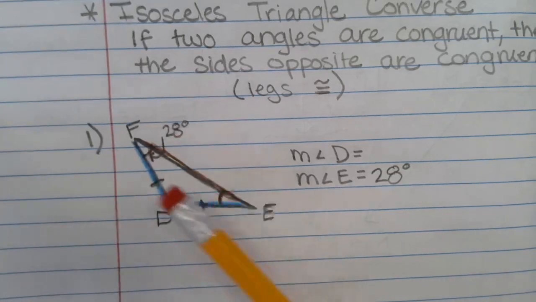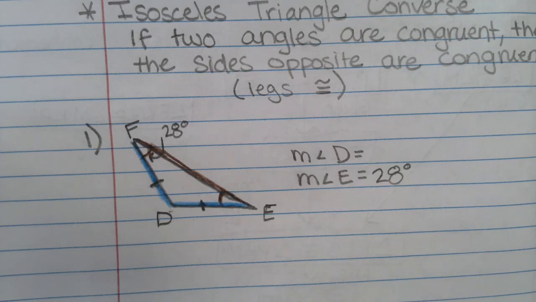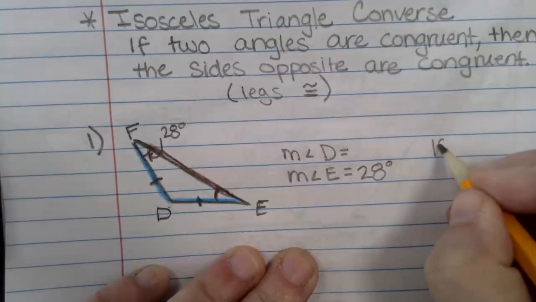Now, we need to go back and find angle D. Angle D is the vertex angle. It's different than the other two. So if I know two of my angles of a triangle, how can I find my last angle? Subtracting from what? 180, good. So we can do 180 minus what?